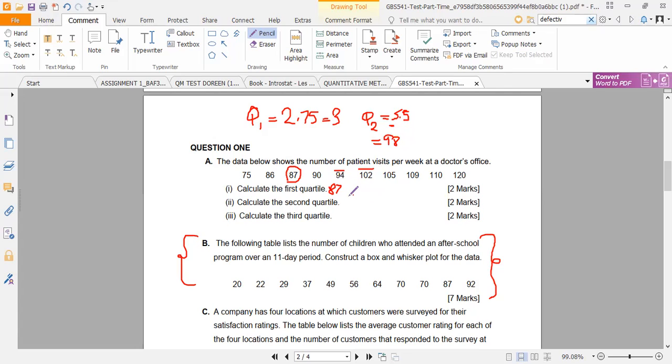So we get 98. Then the third quarter is 3/4 of N plus 1. It's 8.25.